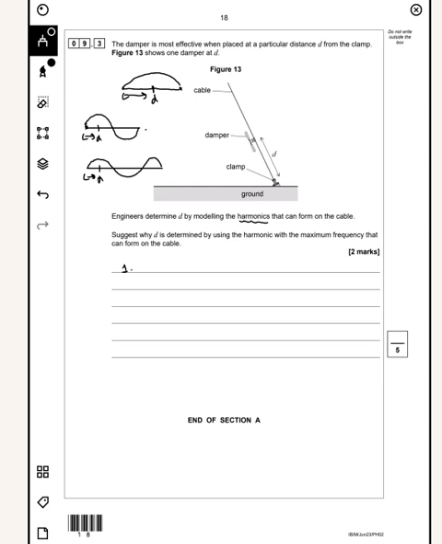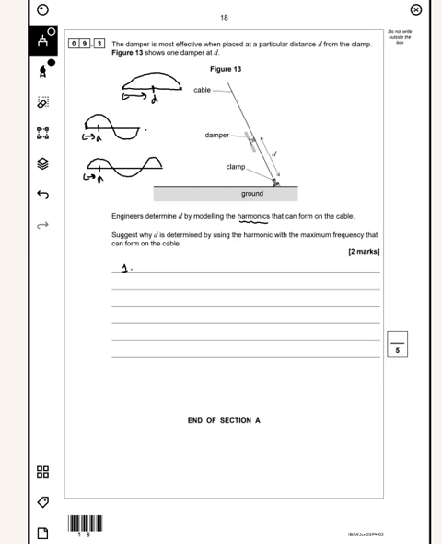There's no point putting the damper at the node, because at a node we have no amplitude, so it makes no sense, because a damper is used to reduce the amplitude, right? We want to prevent the cable from being damaged. So that's why d is determined by using the harmonic with the maximum frequency that can form on the cable.